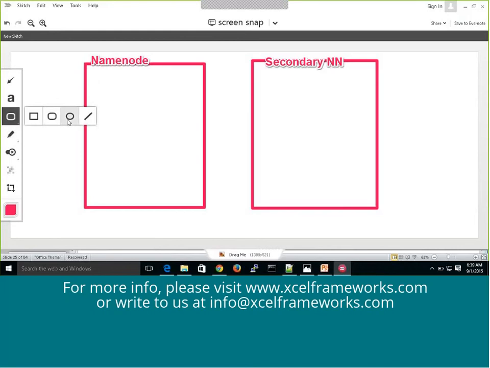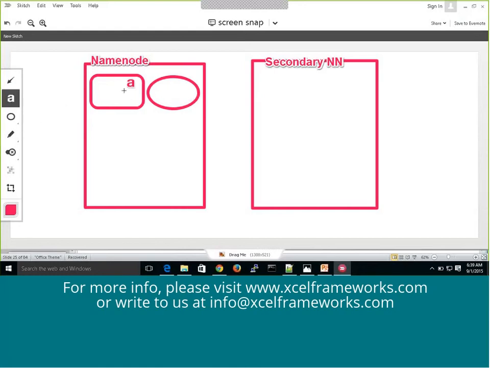The metadata will be written as 2 files. One is an fs image. The next one is the edits log file. Now every 1 hour, the secondary name node will contact the name node and say, give me the metadata.